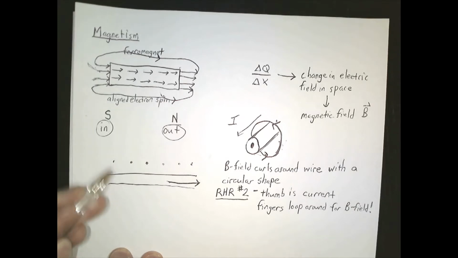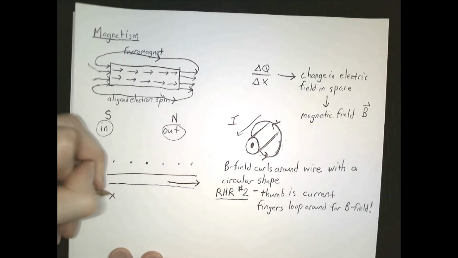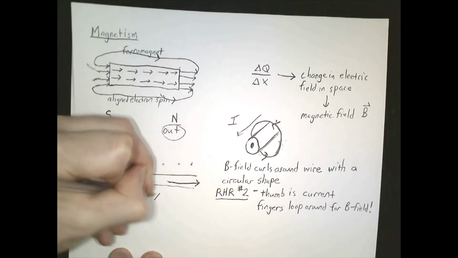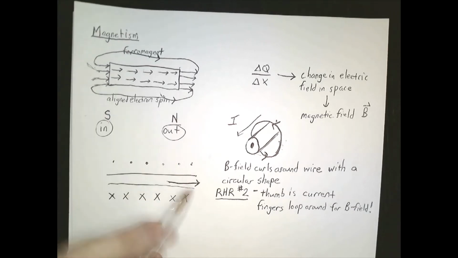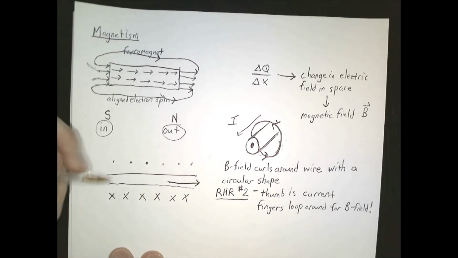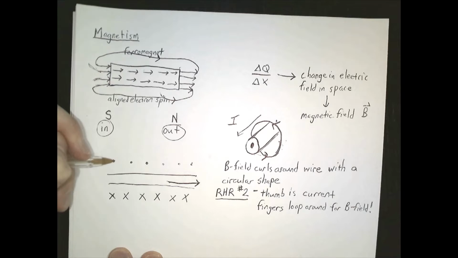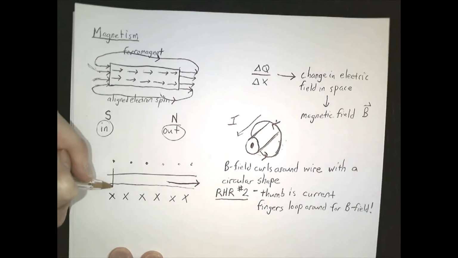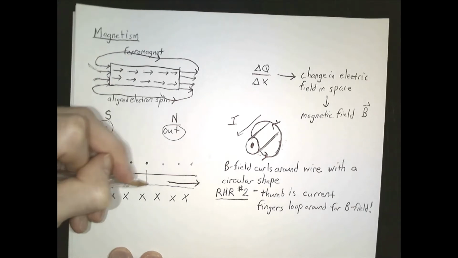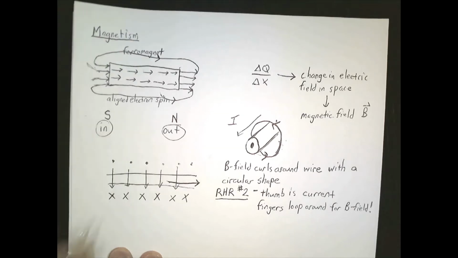As I loop my fingers around the other side of the wire, my fingers have to dive back into the page, and so now we're going in over here. And if we were somewhere in space over top the wire, we've got to think 3 dimensions here, then my field is looping from out to in, and it's directly down the page over top, and would be directly up the page if I were underneath the wire.